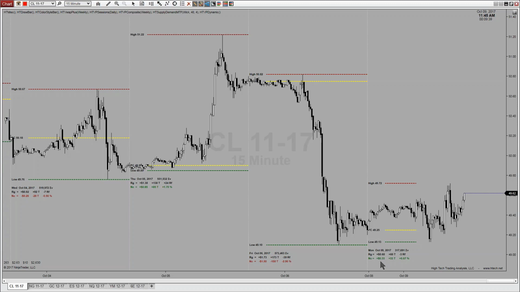But so far, the net change is we're currently trading 33 cents, or 33 ticks, above yesterday's close. Now, Friday, we closed $1.50 down from Thursday's close. This is all important information.